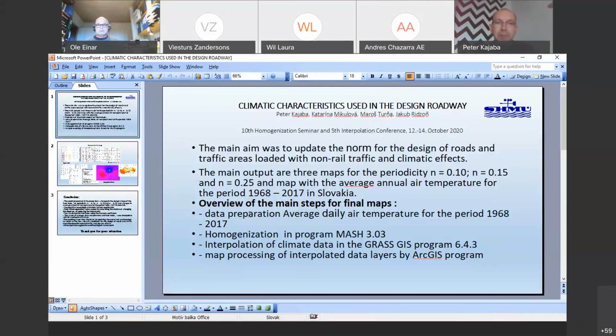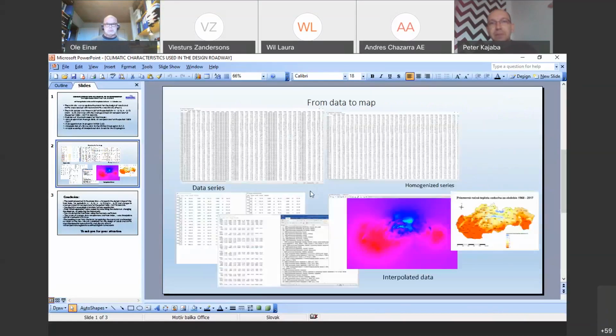Overview of the main steps for the final maps. First, data preparation: average daily air temperature for the period 1968 to 2017, homogenized by the program MASH version 3. Then interpolation of climatic data in the GIS program. And the last step was map processing of interpolated data layers by ArcGIS. These are some results.